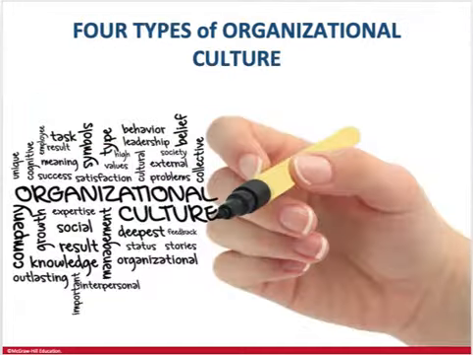So the Competing Values Framework, CVF, provides a practical way for managers to understand, measure, and change organizational culture. The CVF classifies organizational cultures into 4 types: clan, adhocracy, market, and hierarchy. The first that we will learn about is clan.